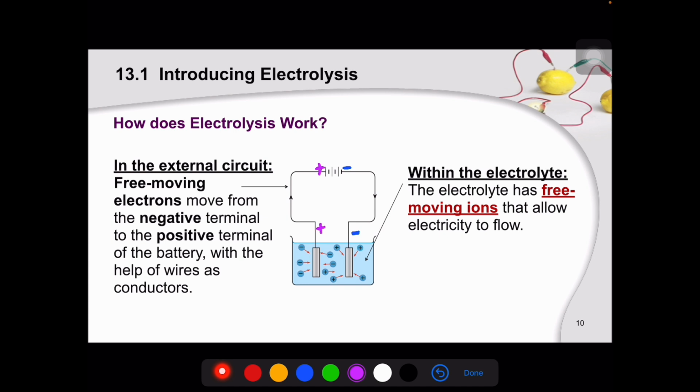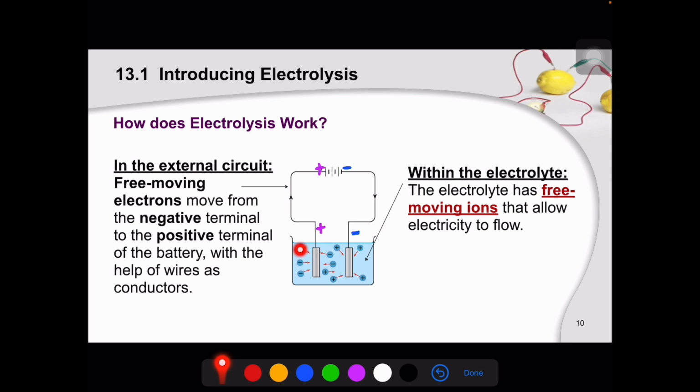Now what this means is that, remember ions have charge, right? So if you look at the diagram here, you realize that the positive ions, where my pointer is pointing at, they are all going towards the negative electrode. Why? Because positive and negative attract each other.